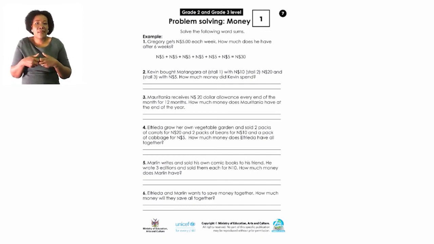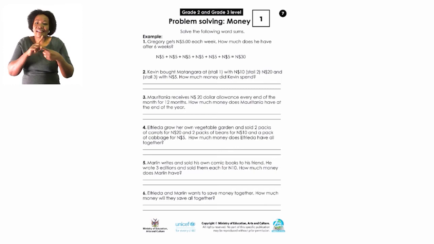You always have 2 numbers in a problem. In this case, we have a $5 which he's spending each week, and then we have 6 weeks. So what are we going to do? What operation are we going to use here?